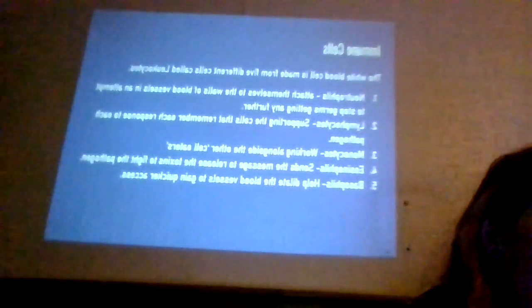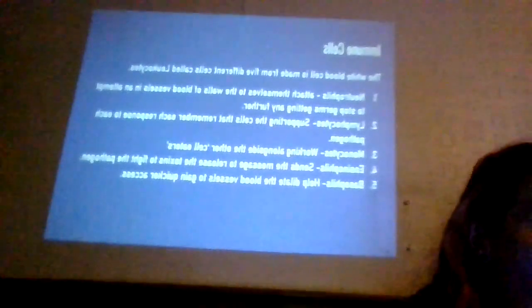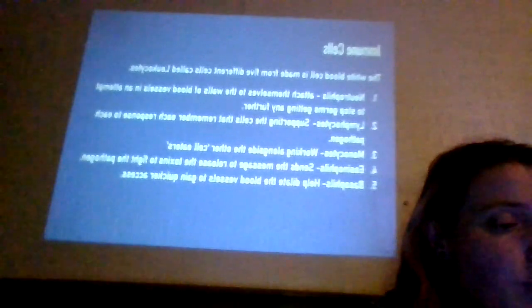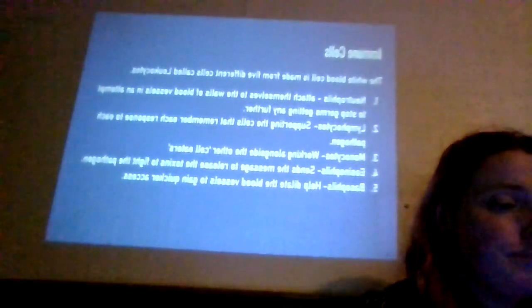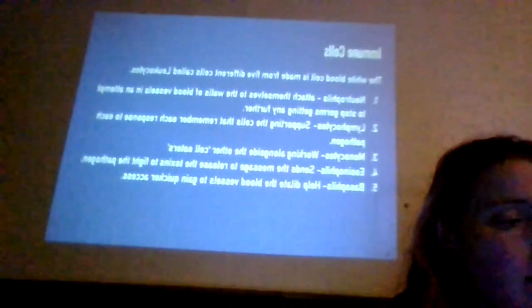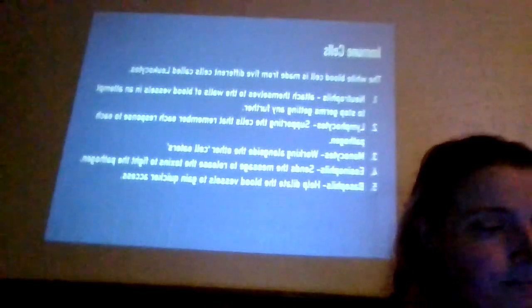Then you have the different types of immune cells, which is neutrophils, which attach themselves, lymphocytes, which are supporting cells, monocytes, which work alongside the cell eaters, eosinophils, which send the messages, and basophils, which dilate the blood vessels.